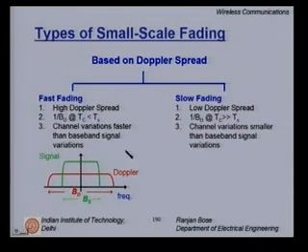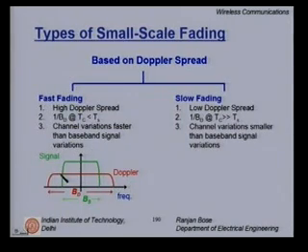Let us look at it graphically. In the frequency domain, the x axis represents frequency. In the green, we have plotted the signal, and in the red is the Doppler spread. If the Doppler spread is much larger than B_S, in that case we have fast fading.